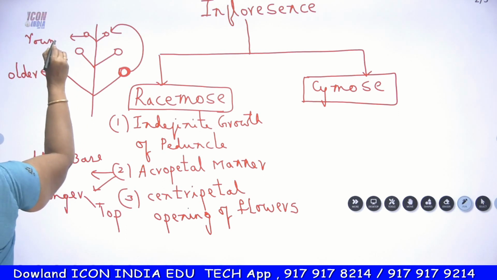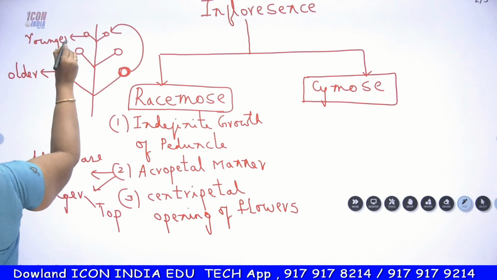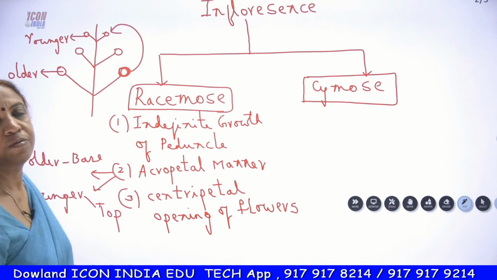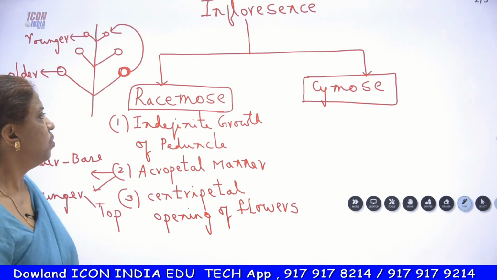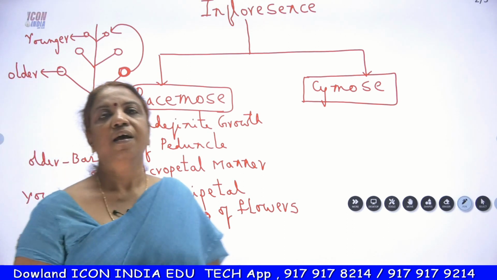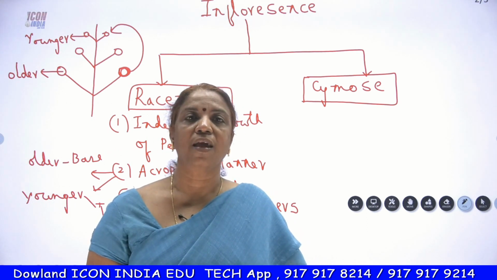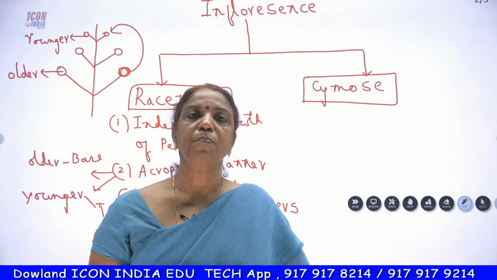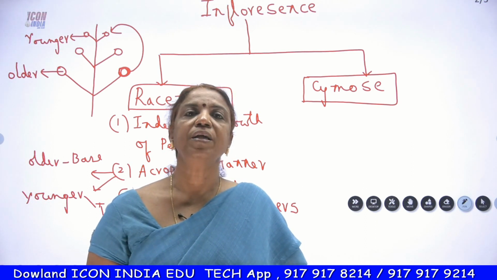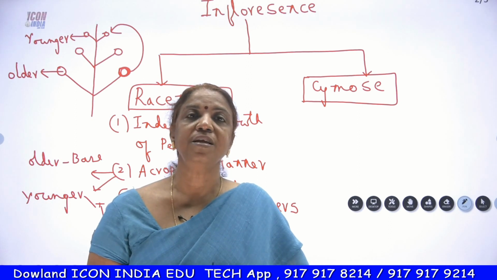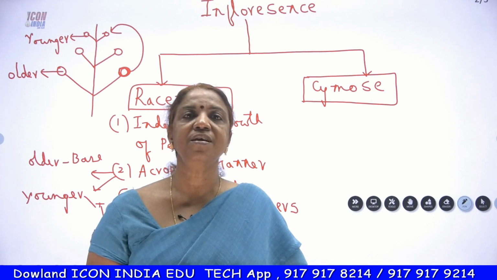So these are the characters of racemose. The racemose characters are: A, indefinite growth of peduncle; B, acropetal arrangement of flowers; C, opening of flowers is centripetal; and D, all of the above. What is the answer? The option is D.